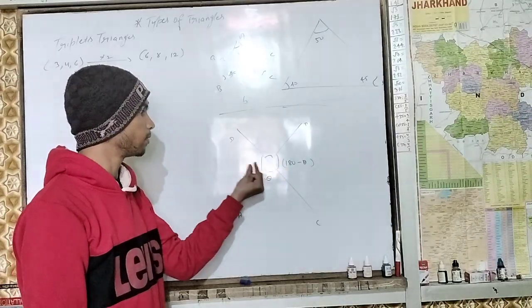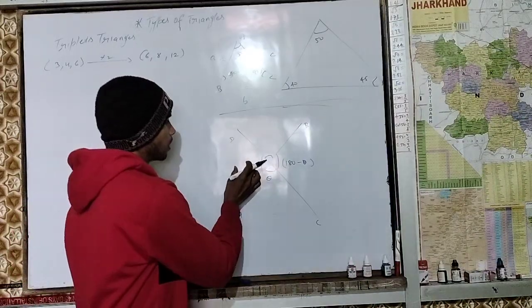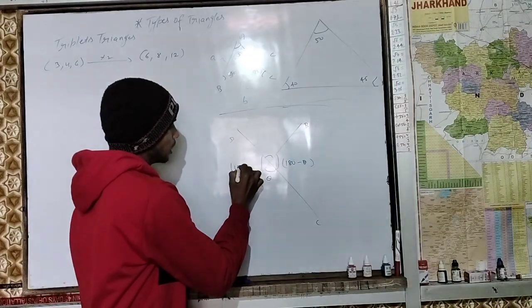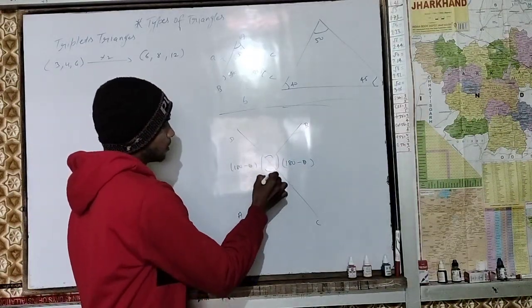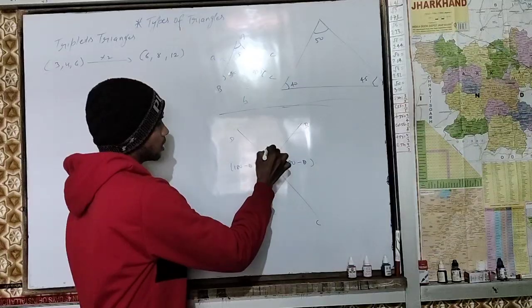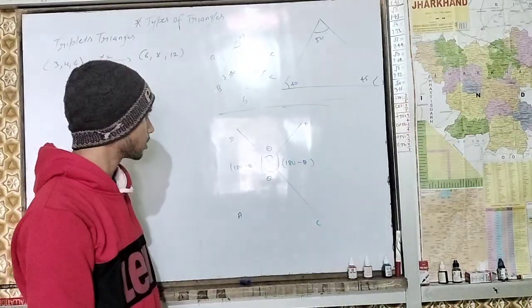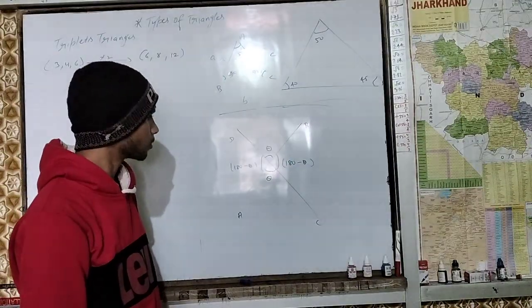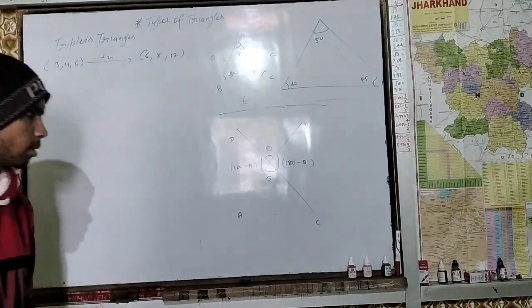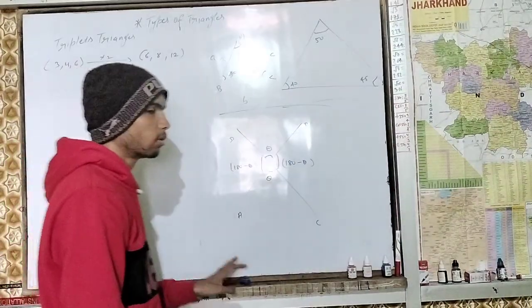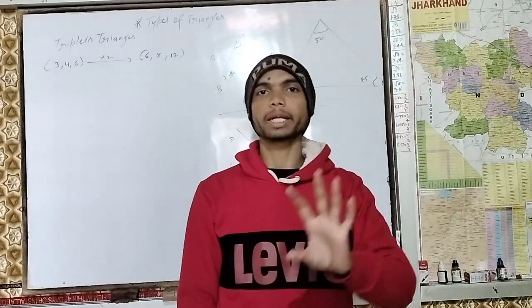Whatever the value of this is will be equal to this. So over here will come 180 minus theta. The opposite of this is this, theta as well. We are familiar with it, but I just explained it here so that you do not get confused.